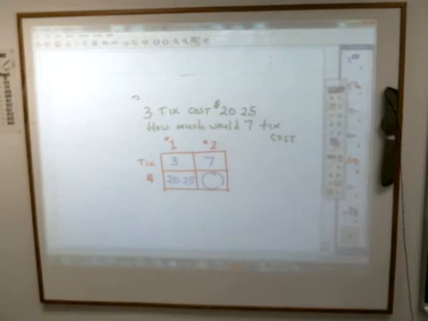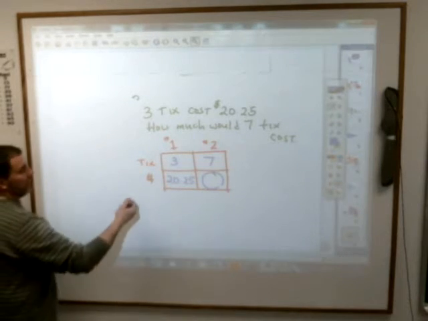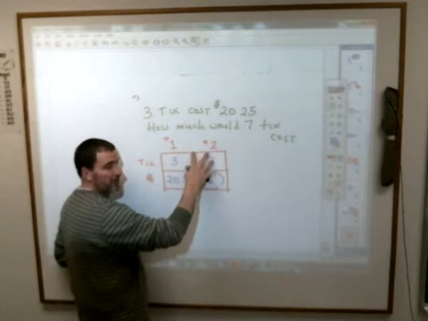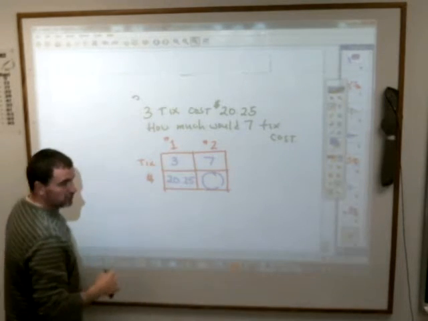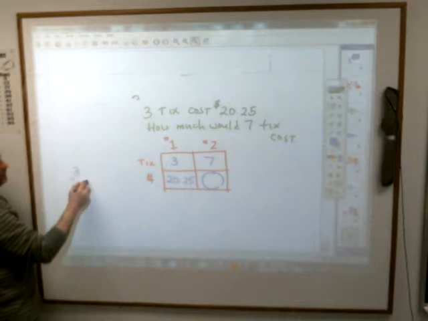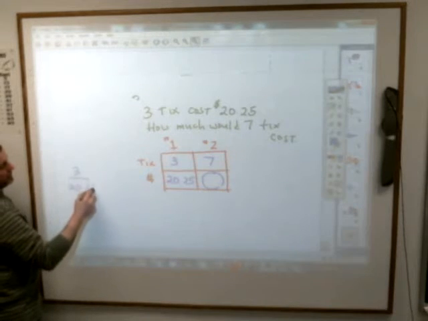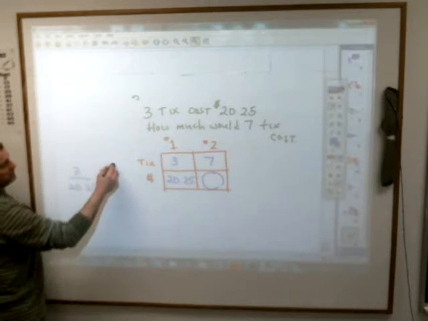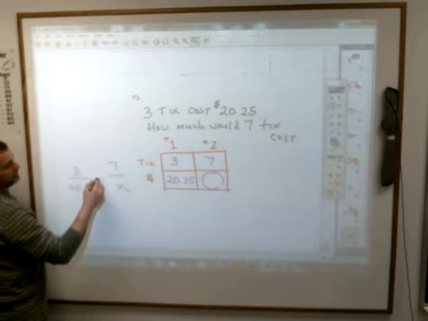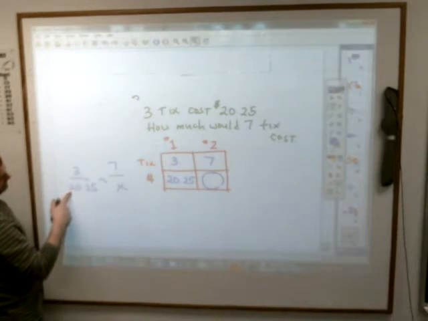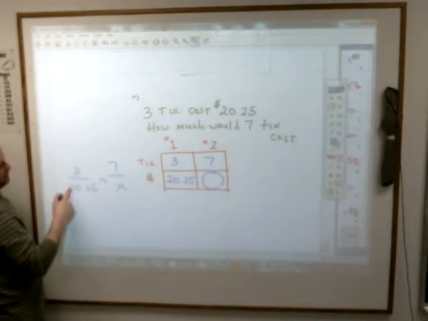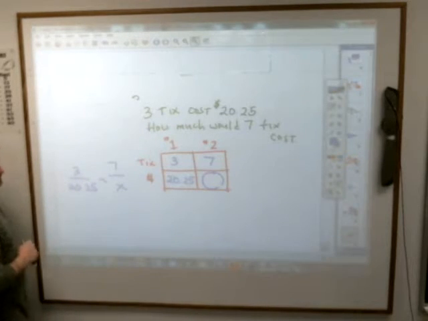Here is one where it does not reduce. When you do this out in equal fraction form, I take 3 over 20.25 and make that equal to 7 over what number? You can't reduce. Well, actually you probably could, but let's not.